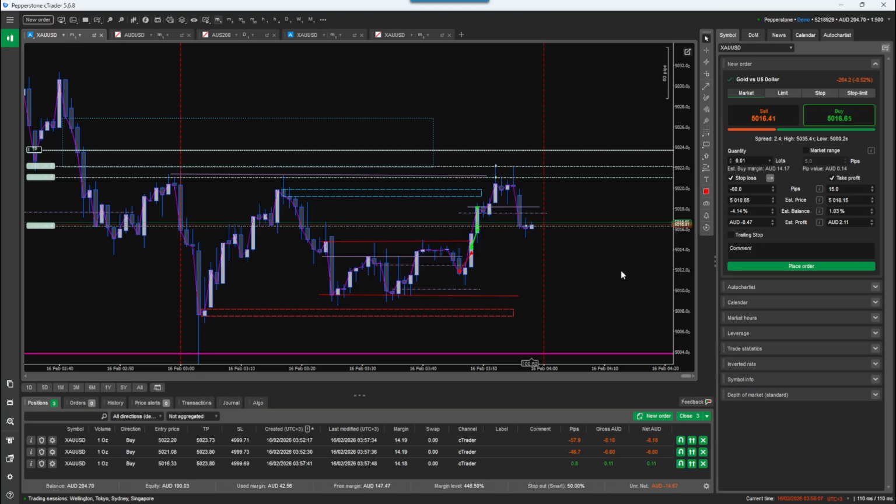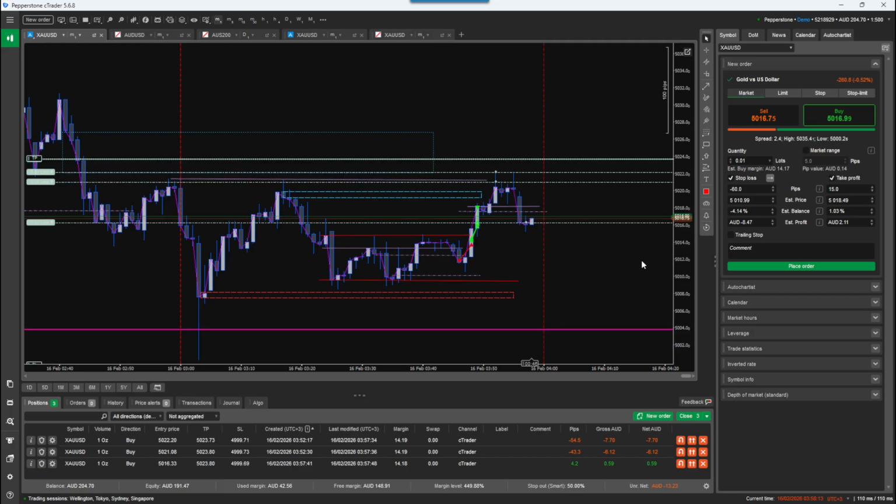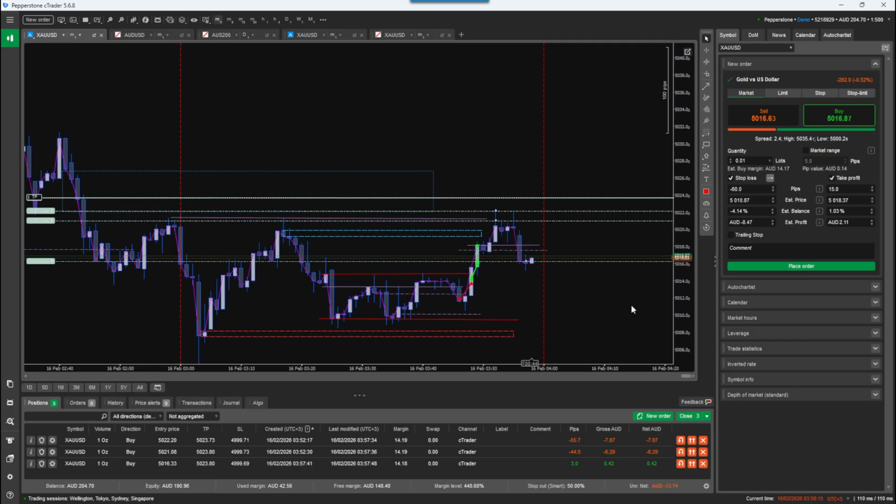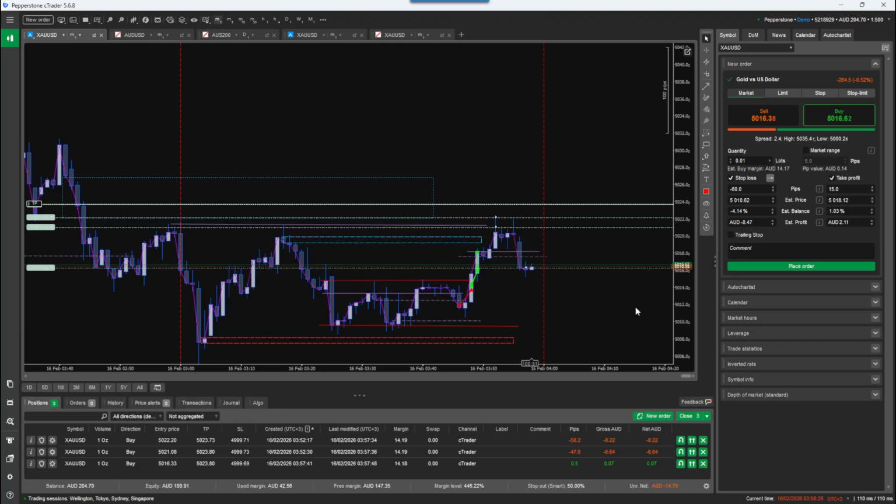It'll seek liquidity. That was a little exhaustion candle down, in my opinion. So we see what we see here.